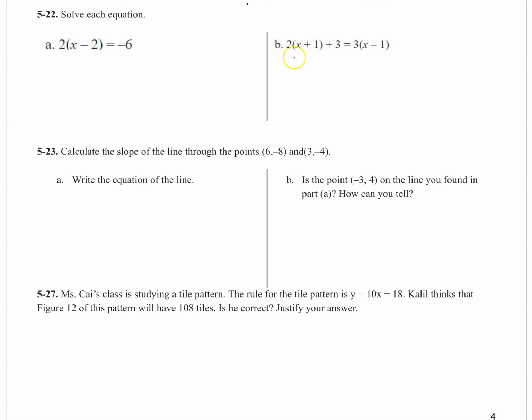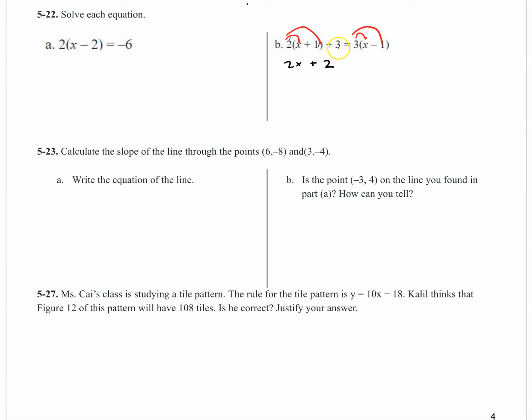We have 2 equations, I'll solve b. I see the distributive property here. When you have parentheses and a number outside the parentheses, you distribute that number, in both cases, distribute that number. So here's how to do it. You multiply. 2 times x is 2x, then we have a plus sign. 2 times 1, that's 2.